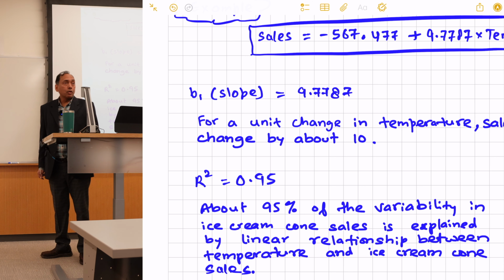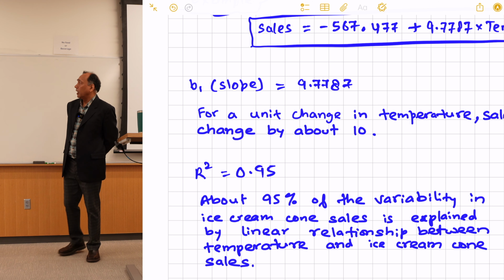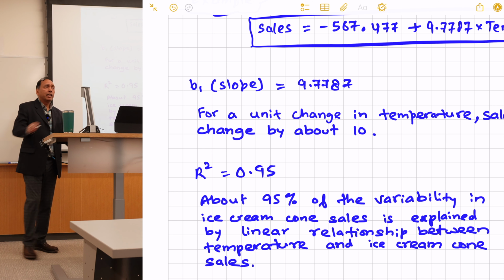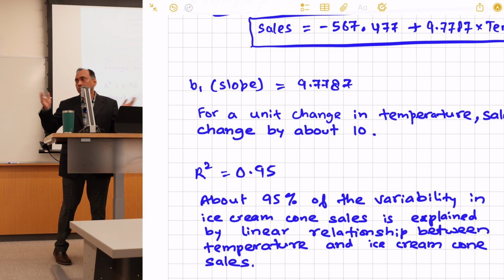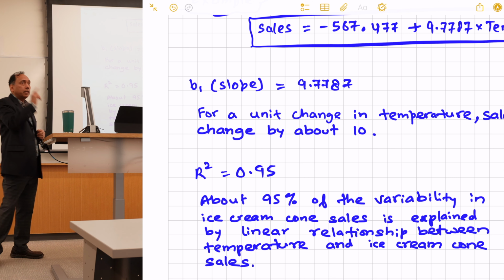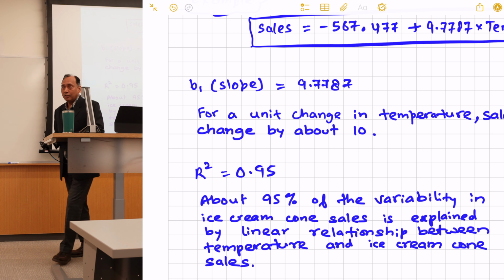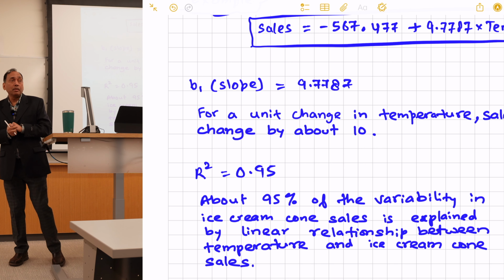So that's what R square means. That how much of the variability is the explained part, 95%, and remaining 5% we don't know. There may be so many different reasons for that. But one reason, which is temperature, is contributing 95%. So that's obviously a big part of that.